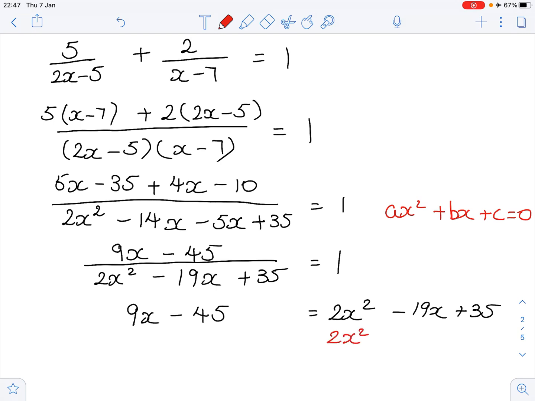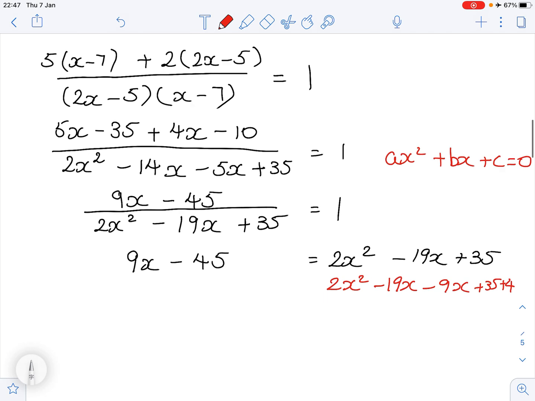So we have 2x squared, minus 19x, then we minus the 9x, plus 35, then plus 45, and this equals 0.